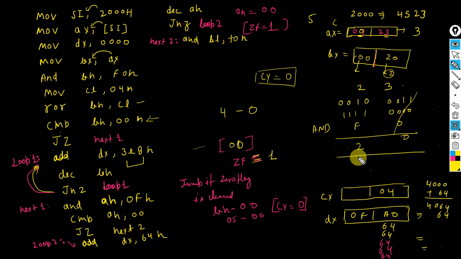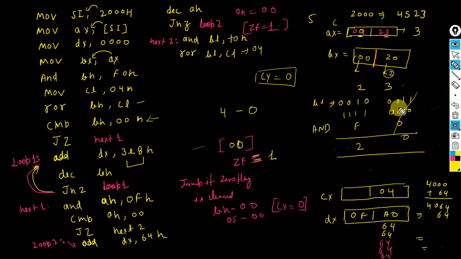So here we apply a ROR operation. The next instruction is ROR BL, CL. The content of counter register CL value is 04 and we rotate the content of BL by 4 times.